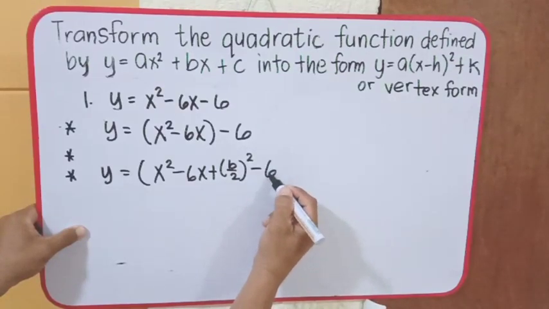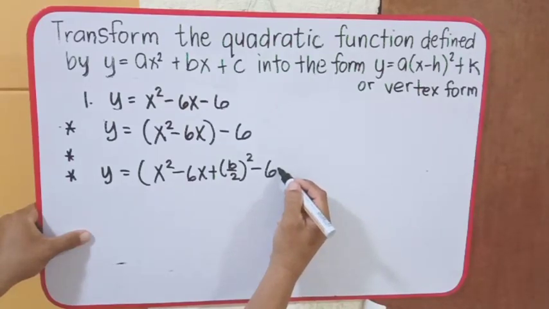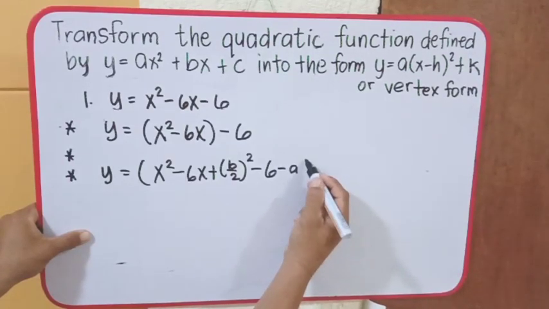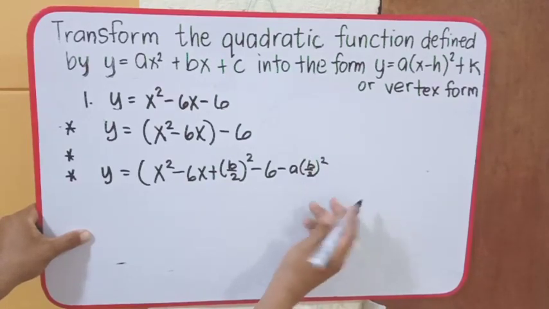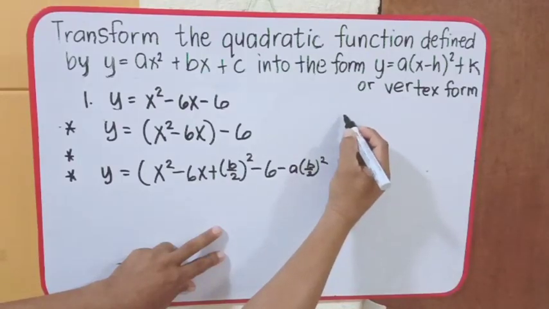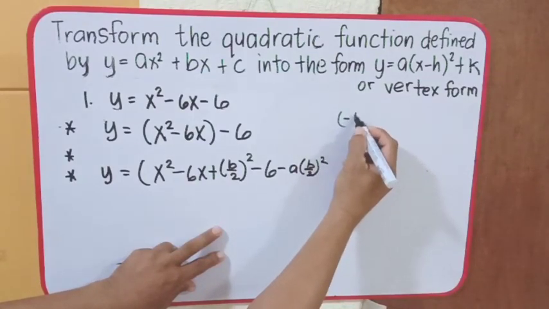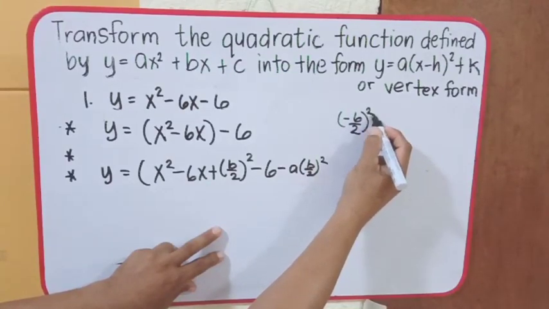Minus 6, ito yung constant natin, ima-minus natin siya ng a times the square of b over 2. So, by substituting of b over 2, ang b natin ay negative 6 over 2 quantity square.